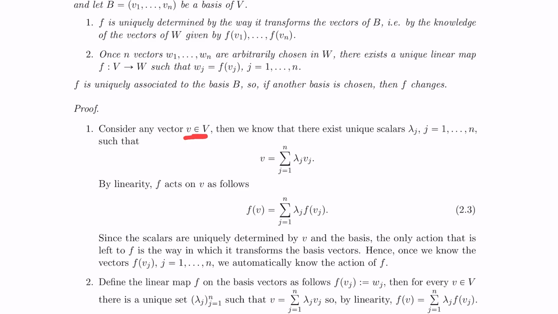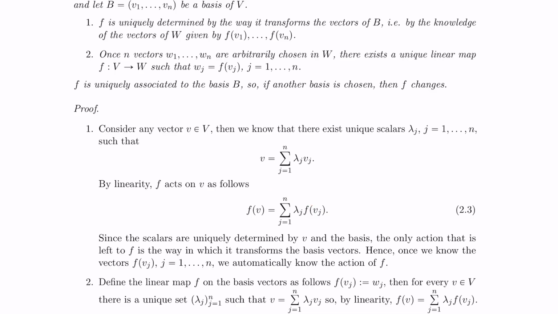Consider any arbitrary vector v of V, then we know that there exist unique scalars lambda j such that we can decompose v over the basis vectors vj through this linear combination here. We also know that by linearity, the linear map F acts on v decomposed in this way as follows. That is, F passes through the linear combination and arrives here.